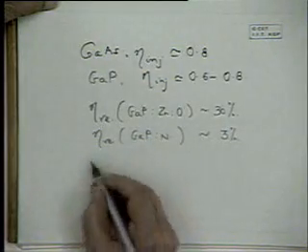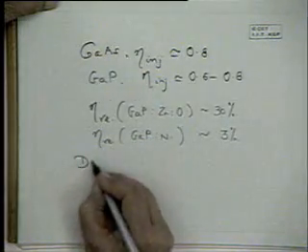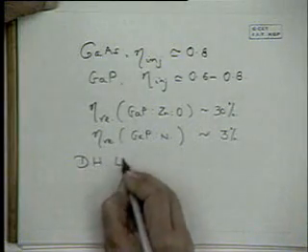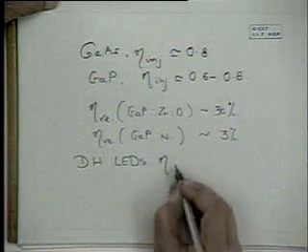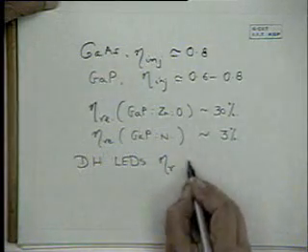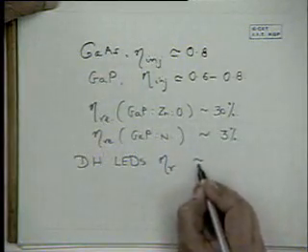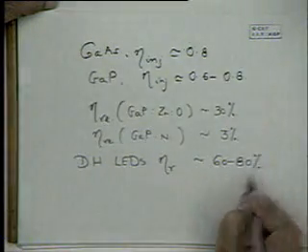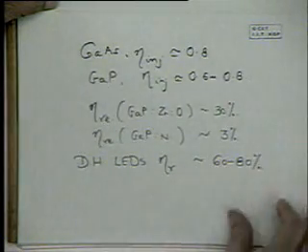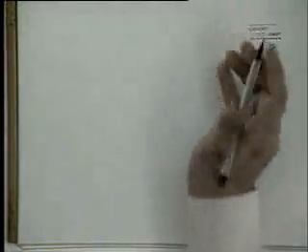On the other hand, if you have double heterostructure LEDs, then due to carrier confinement, you can have efficiencies of about 60 to 80%. What is this double heterostructure LED?